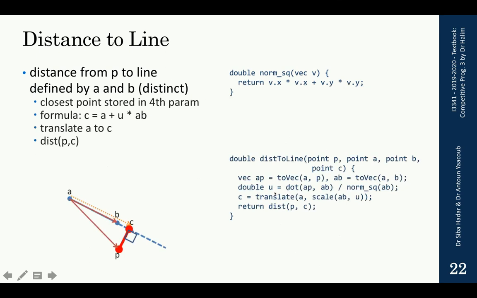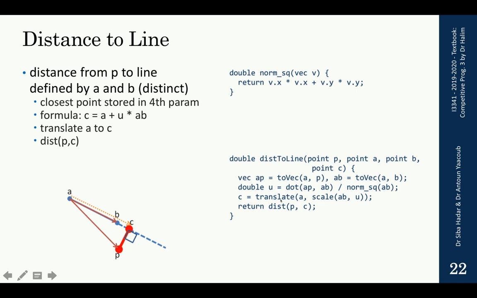It will be used to calculate the distance from a given point P to a given line defined by 2 points inside this line, A and B. So distance to a line will take parameters P, A, and B, and it will return the distance from P to the line AB, and it will return also the intersection point, so the point where this distance was calculated, the orthogonal projection of P onto the line AB.